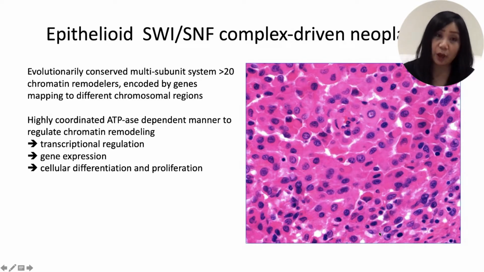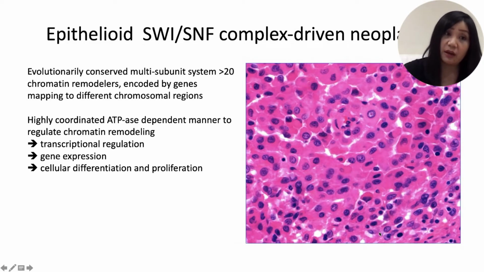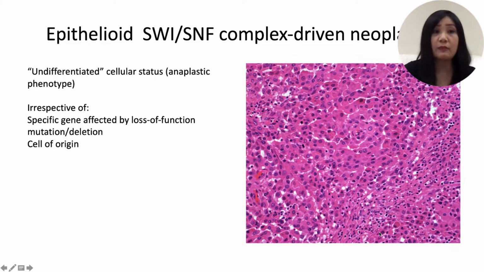It is encoded by several different genes that map to several different chromosomes, and it behaves in a highly coordinated ATPase-dependent manner to regulate chromatin remodeling and influence a huge number of different normal cellular processes, including transcriptional regulation, gene expression, and cellular differentiation and proliferation. Loss or loss of function of any member of this complex can give rise to tumorigenesis.